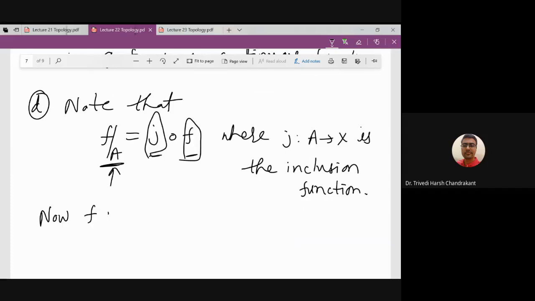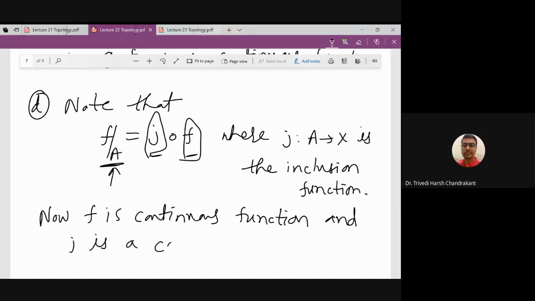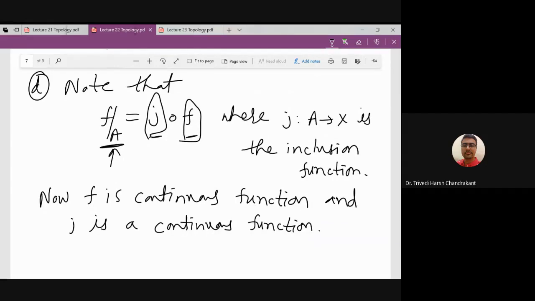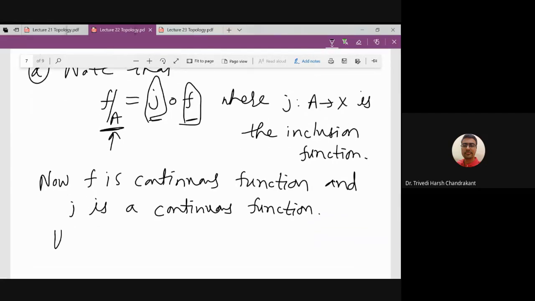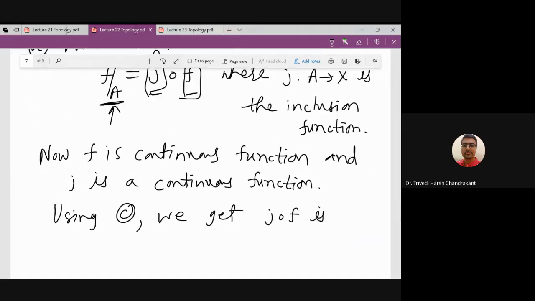So now f is a continuous function, and j is a continuous function. j is continuous, we proved in the B part. So using C part, we get that f composition j is continuous.